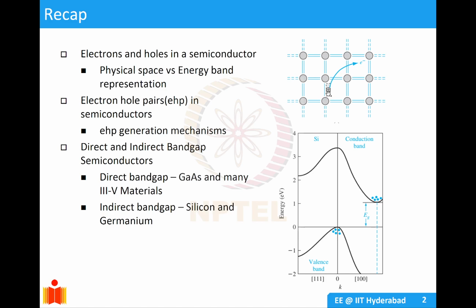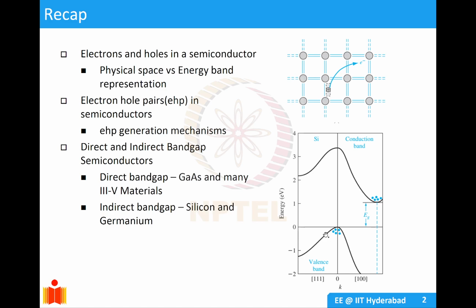So there we talk in terms of momentum k, and we talk in terms of energy band, that is, how the energy band changes versus momentum. At zero momentum, which is called the central position, we see the valence band. In the lattice there are generally two bands, the valence band and the conduction band.